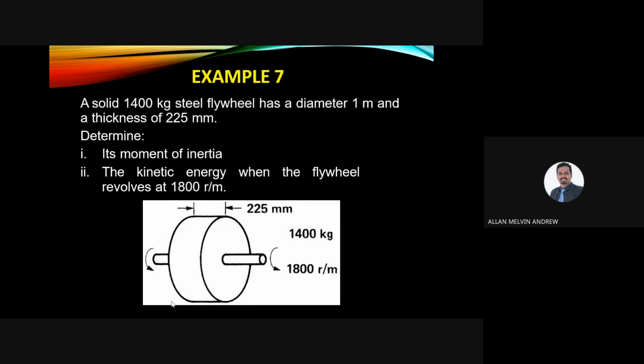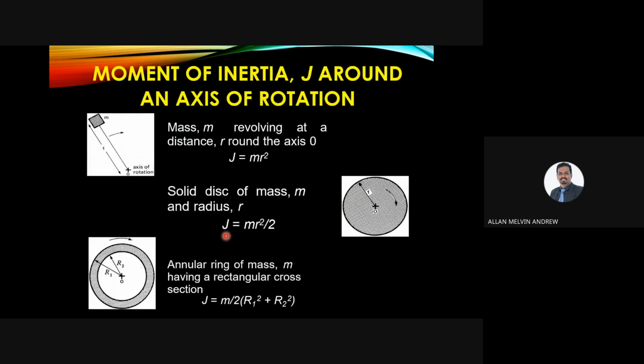So you'll see one example. When the question comes, we need to see which formula to take based on the body of the test material. Let's say you want to test it on a solid body, then we use this.